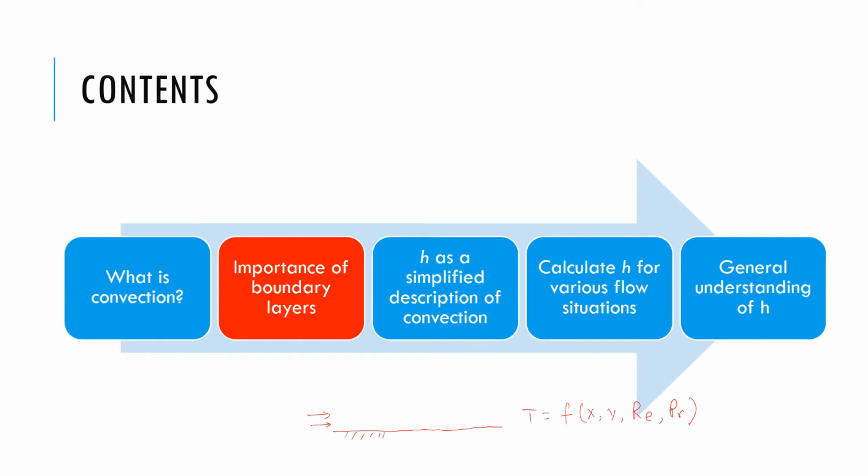But in this section, what we'll learn is for this kind of a flow of a fluid over a surface, quite often there is only a thin layer of fluid called boundary layer right near the surface. That's all we need to care about. That's where all the action is. So that's what this section is about.